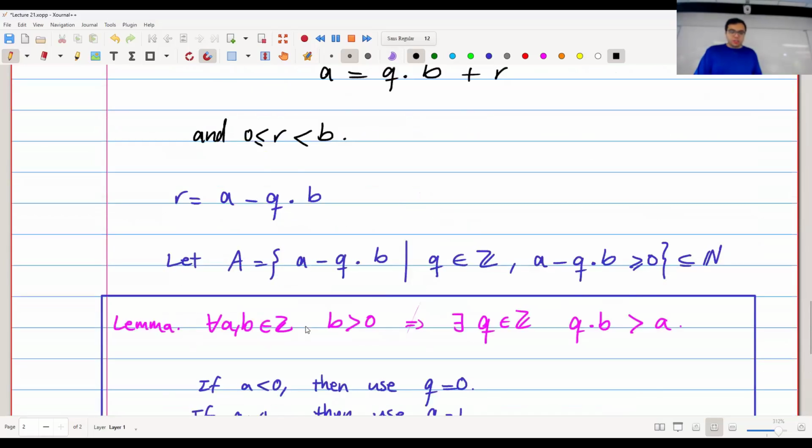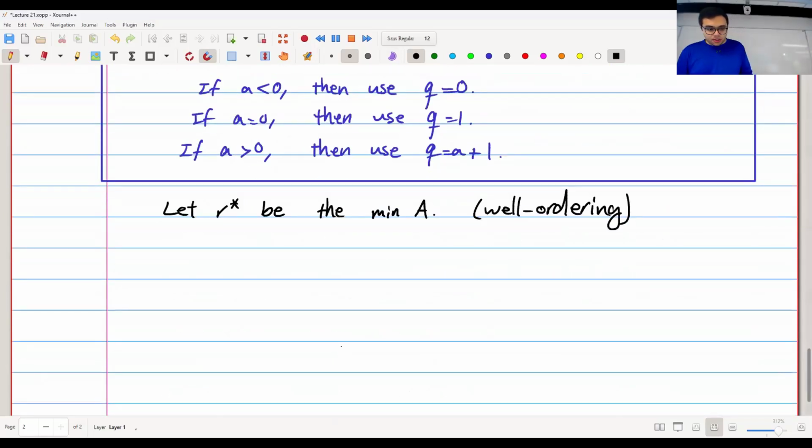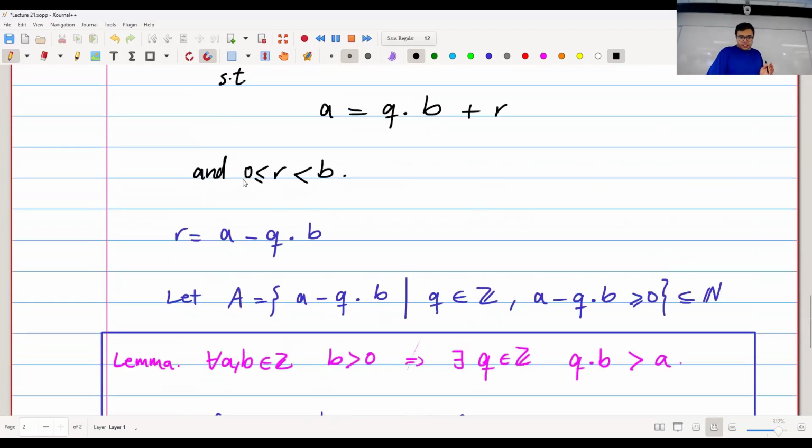What do I know? I know that R star can be written in this form. So there exists a Q star such that A is B times Q star plus R star. But I want to prove that this R star is between 0 and B. So R star is definitely greater than or equal to 0 because I picked it from this set A, and A was a subset of natural numbers, right?